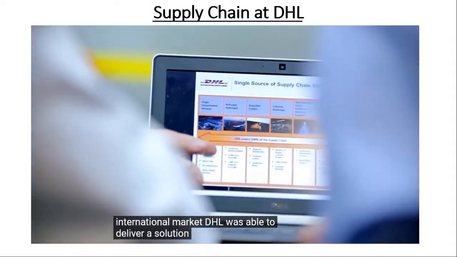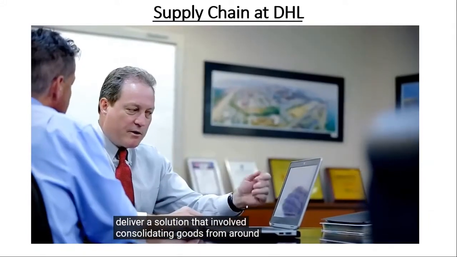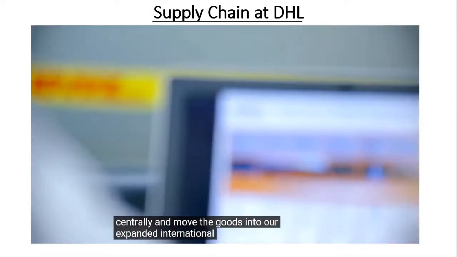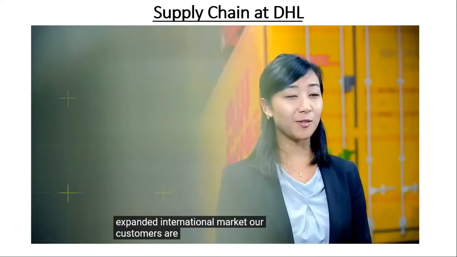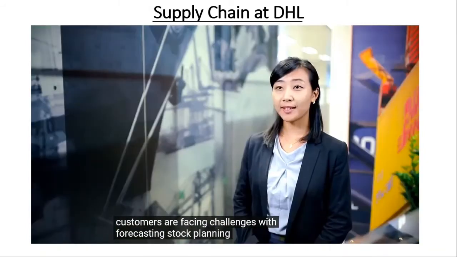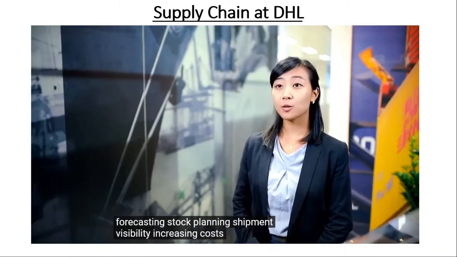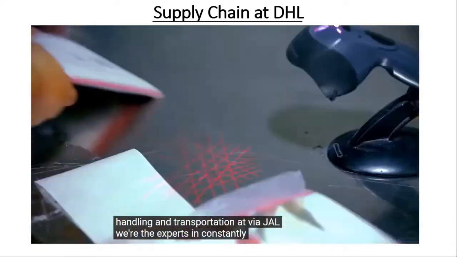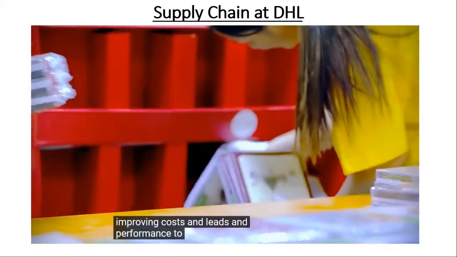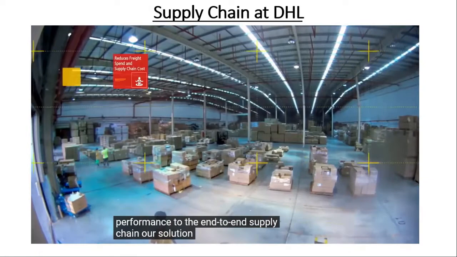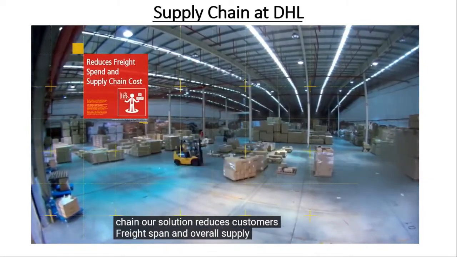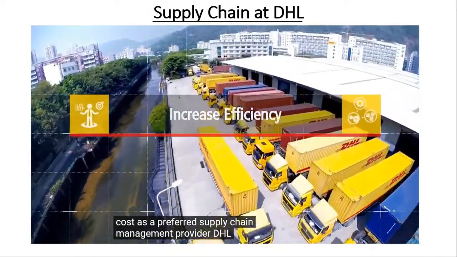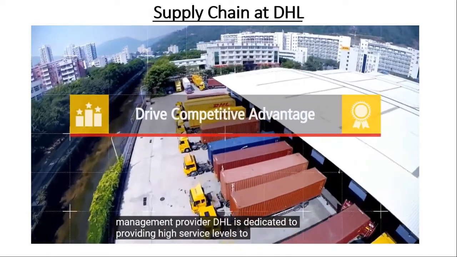DHL was able to deliver a solution that involved consolidating goods from around the world in many ports in Hong Kong centrally and move the goods into our expanded international market. Our customers are facing challenges with forecasting, stock planning, shipment visibility, increasing costs of product handling and transportations. At DHL, we are the experts in constantly improving cost and lead time performance to the end-to-end supply chain. Our solution reduces customers' freight spend and overall supply chain cost. As a preferred supply chain management provider, DHL is dedicated to providing high service levels to our customers.